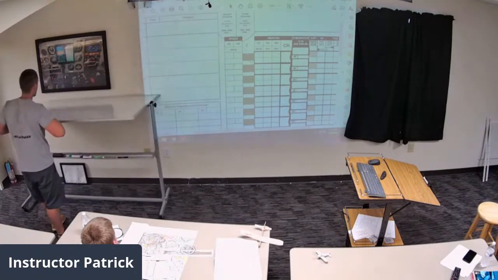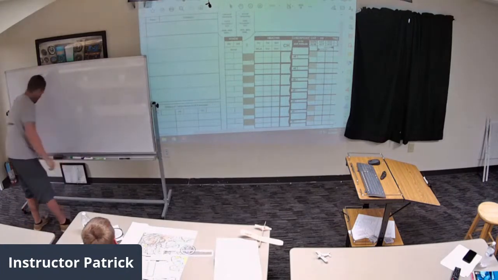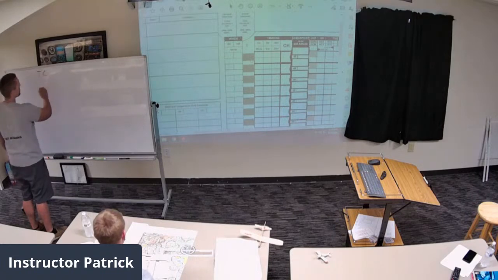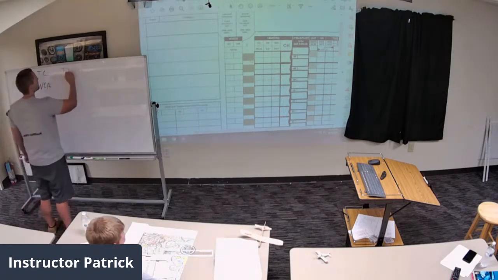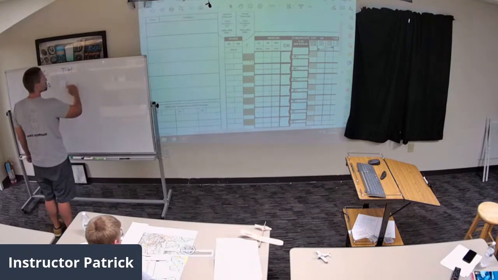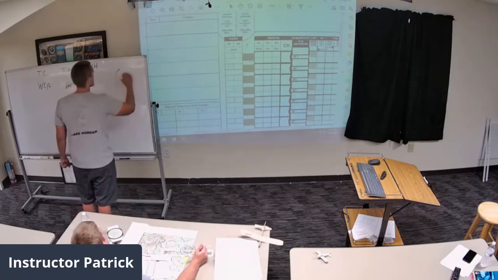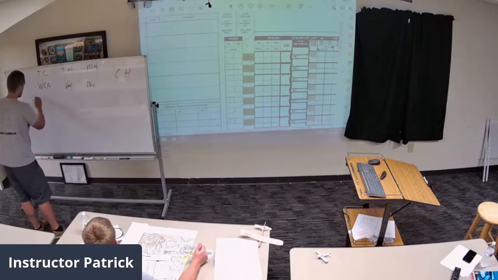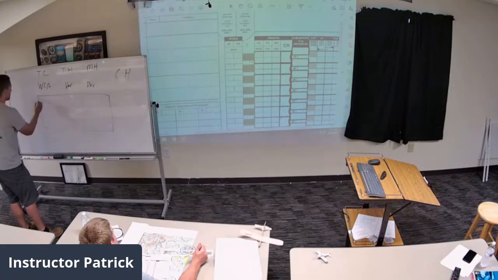Right now we're just working on the sectional side of things. We're going to come here, and our blocks, we've got true course, we've got wind correction angle, we've got a true heading, we've got a variation, we've got a magnetic heading, a deviation, and ultimately that comes to the compass heading. Right? So we're going to do these right down here. We're going to calculate all this.